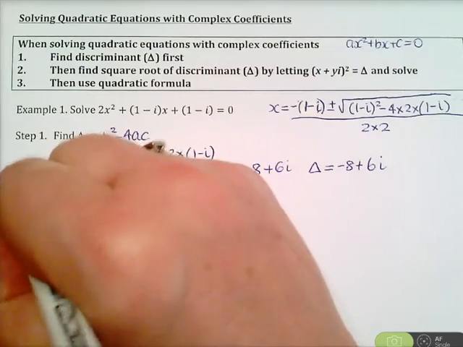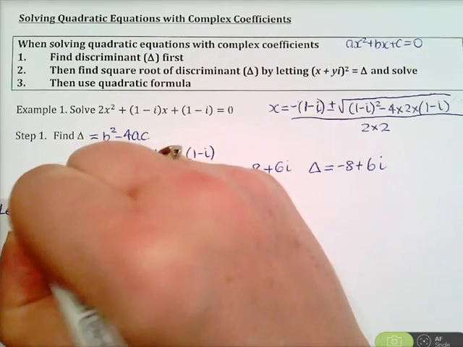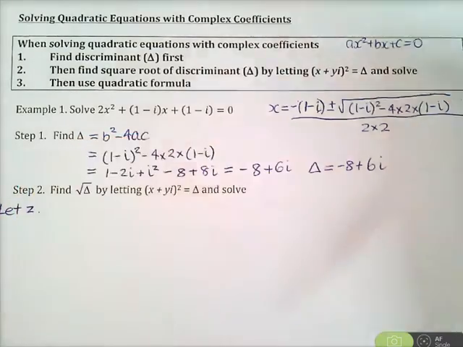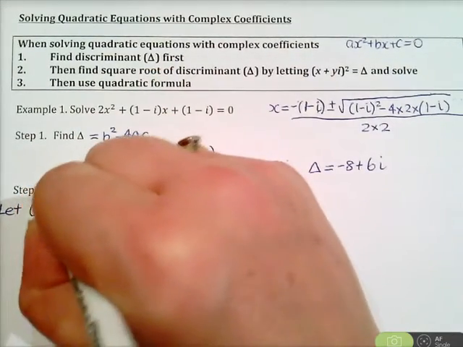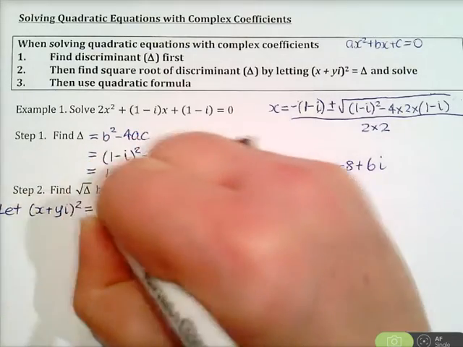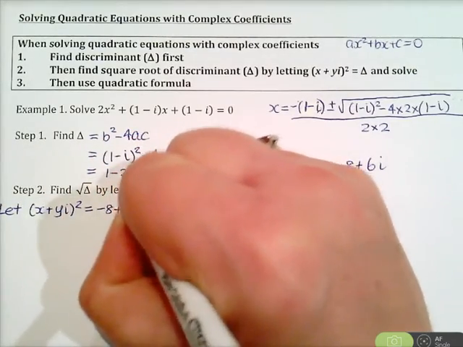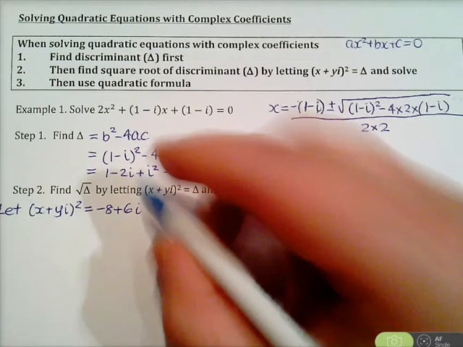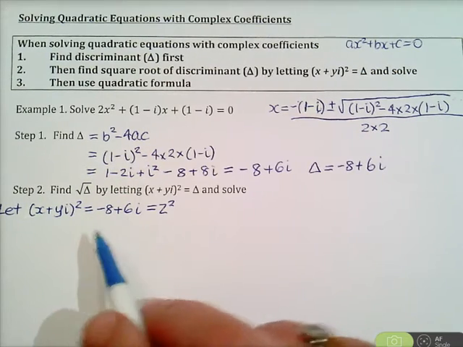So first we start off by saying, let x plus yi squared equal negative 8 plus 6i, because we know that they're both z squared. So let z squared equal that, but it's also equal to that.